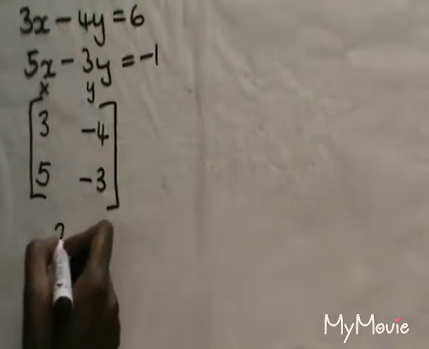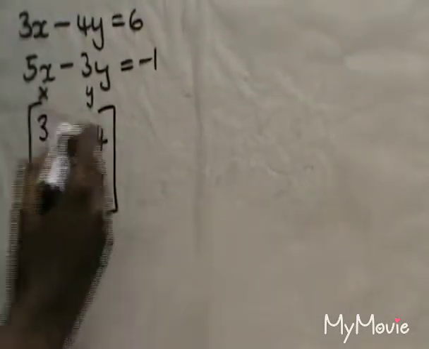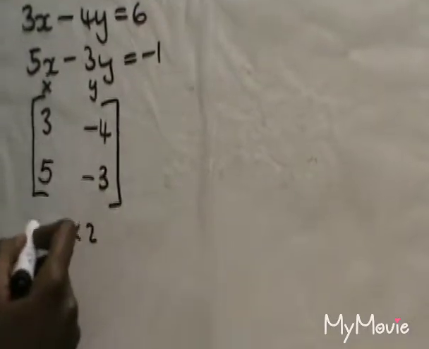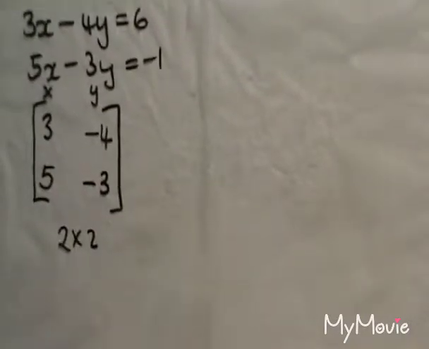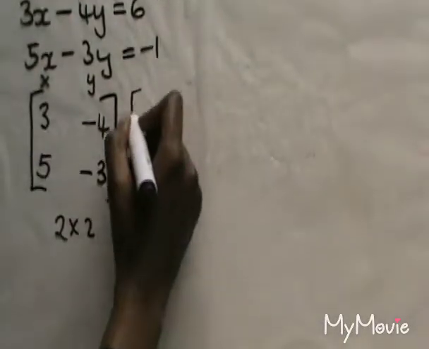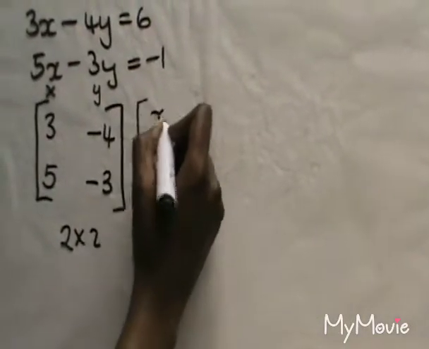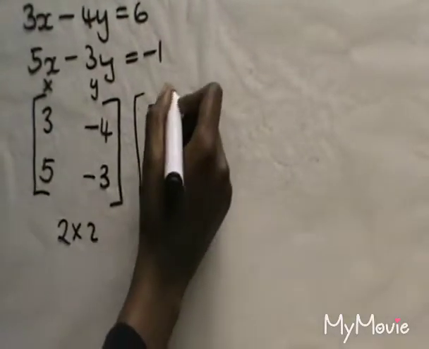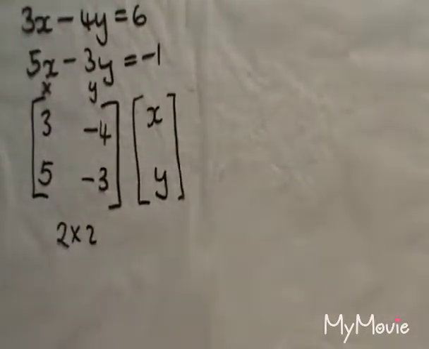This is a 2 by 2 matrix. As you know, it has 1, 2 rows and then 1, 2 columns. So 2 rows and 2 columns. Then I have my variable matrix. So here my variable, first one is x because that is the first column, and then I have y like that.